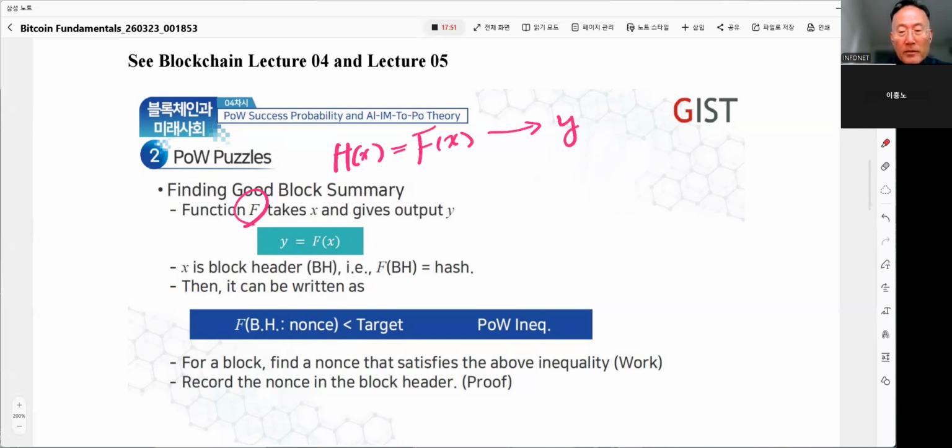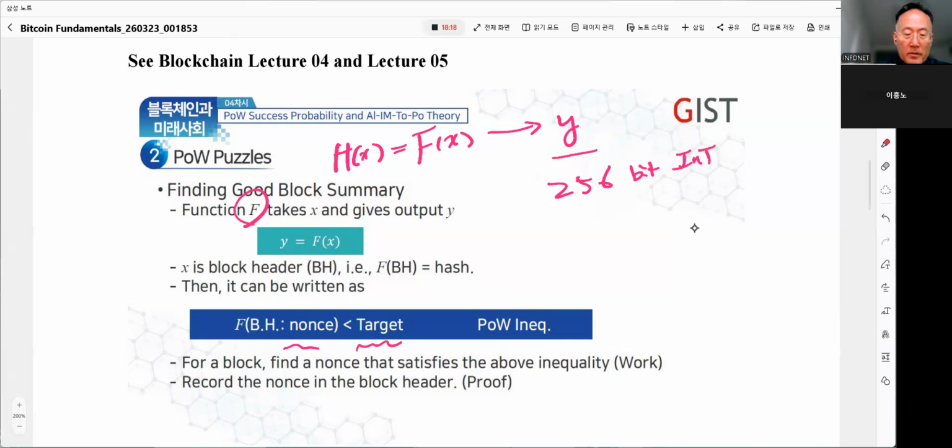The hash output Y is a 256-bit integer, and as an integer, you can compare it with the target integer, or target number.